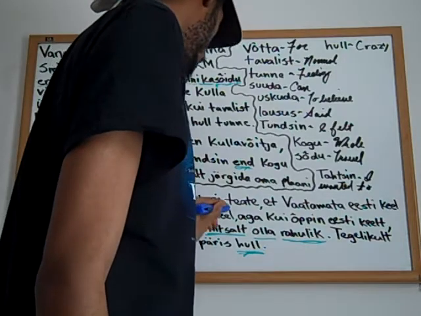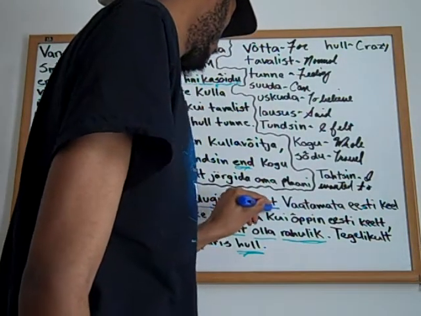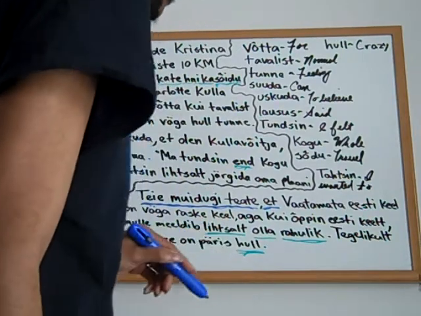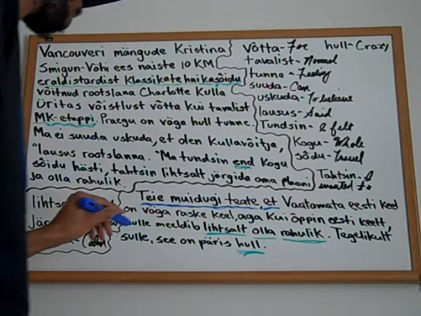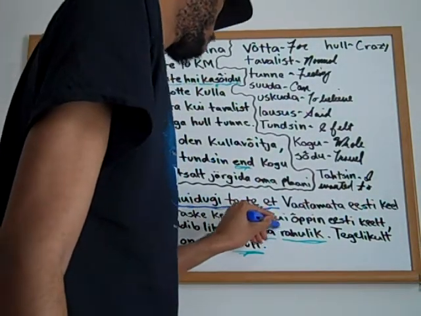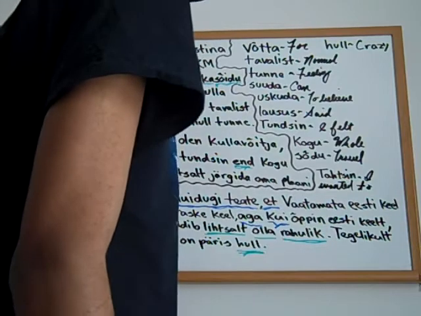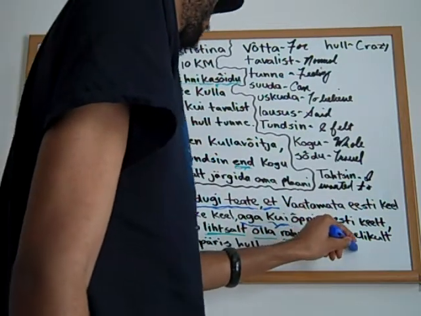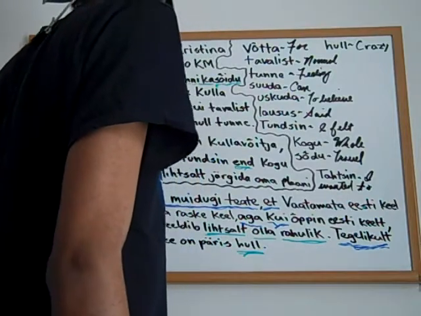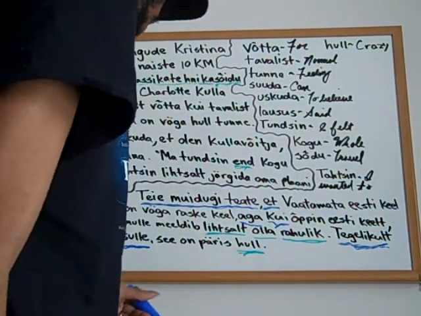So this one here. What else we have? Of course, this one, and this one here, and this one. All right, so let me go ahead and translate this for you guys.